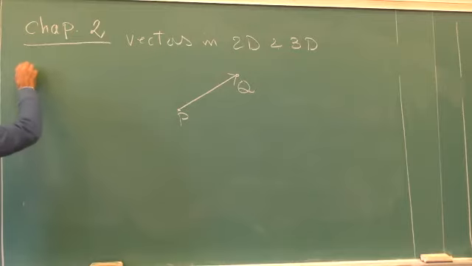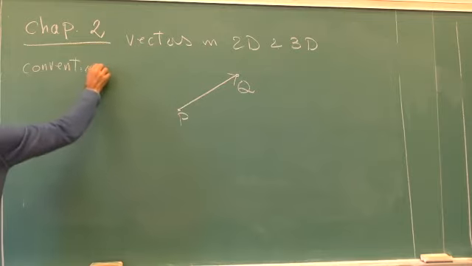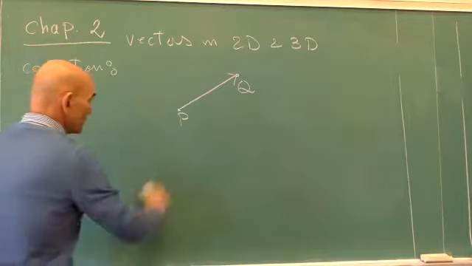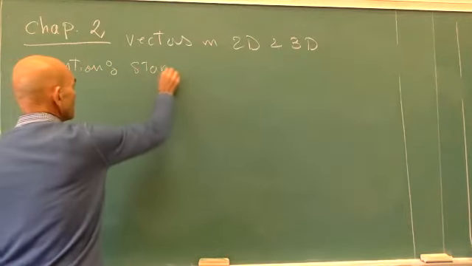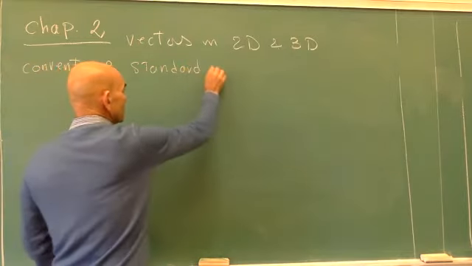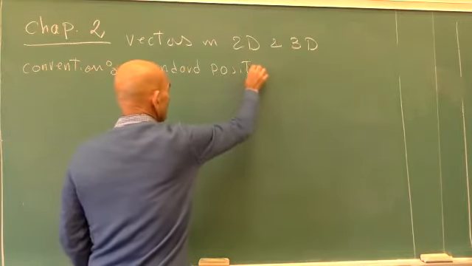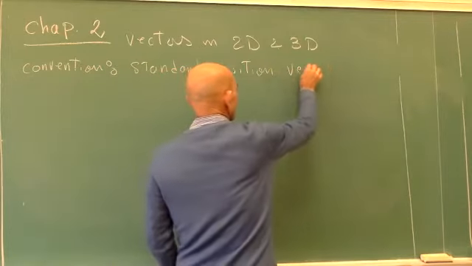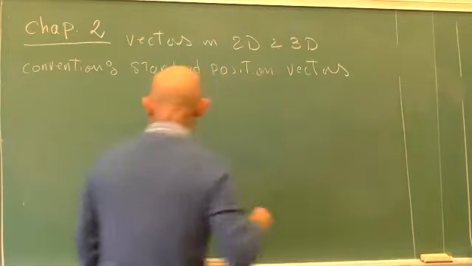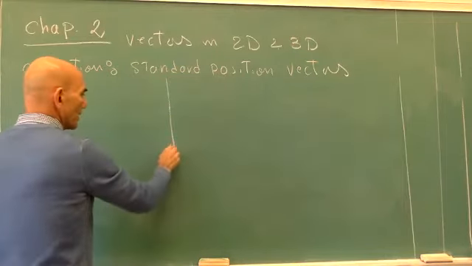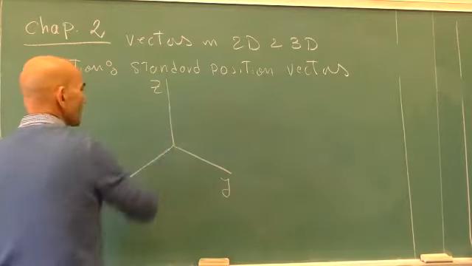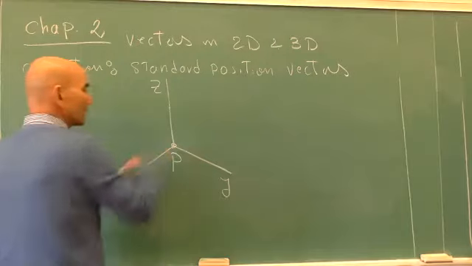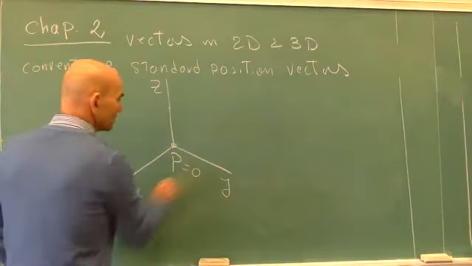So the convention is this. Standard position vectors. So you're going to draw a coordinate axis for yourself, x, y, z. And you put the origin of your vector at the origin of the coordinate system, okay?